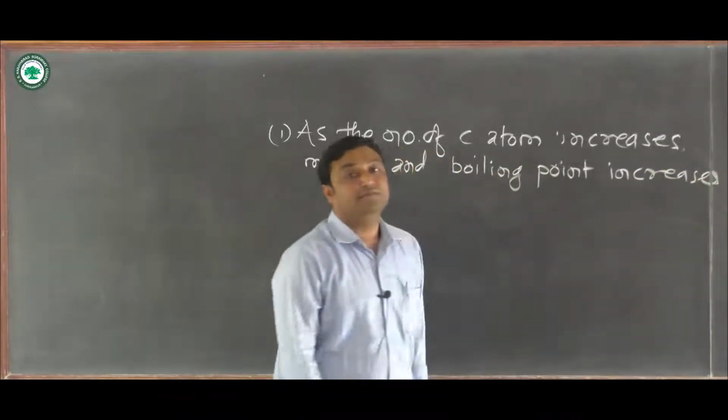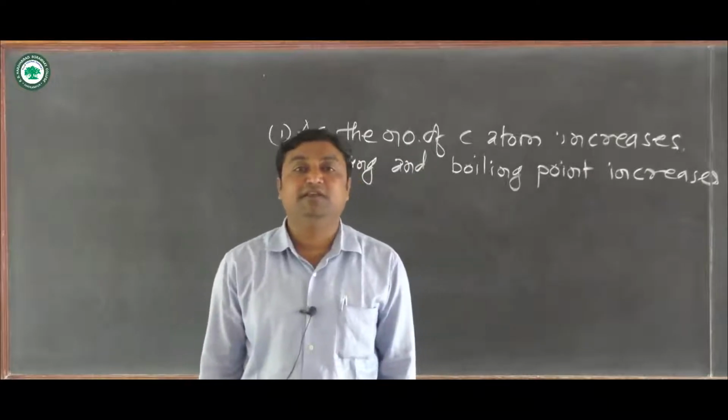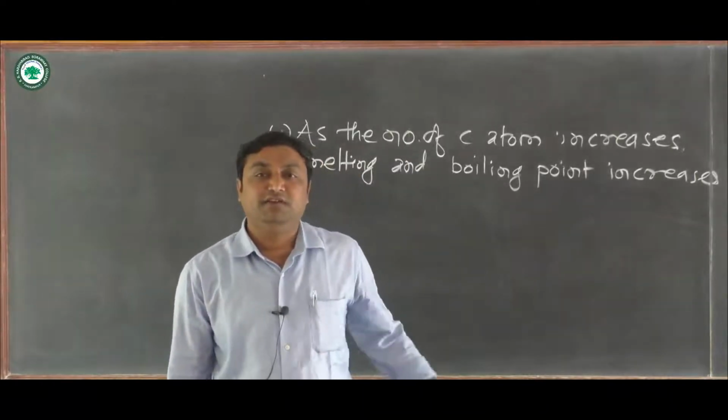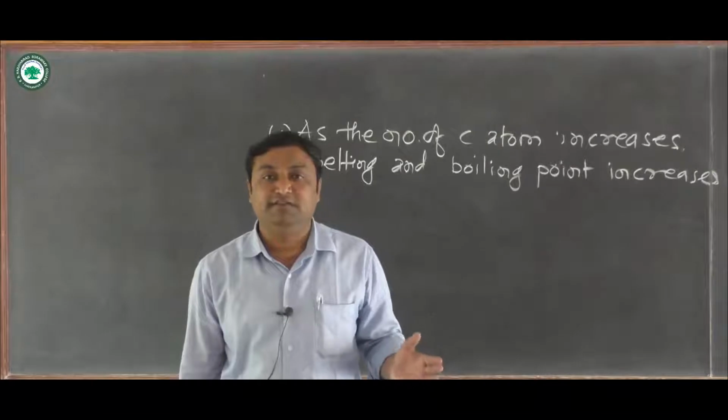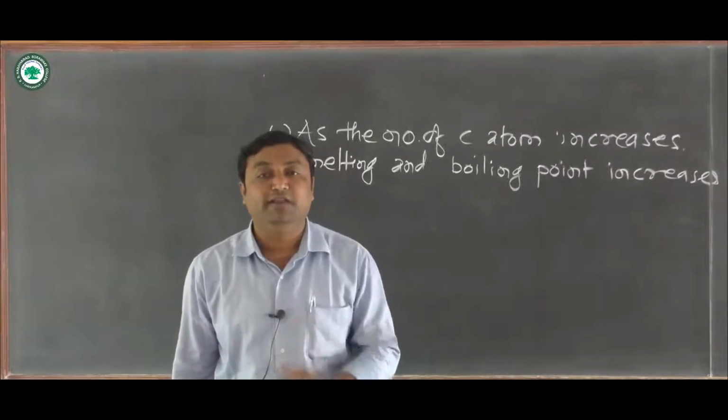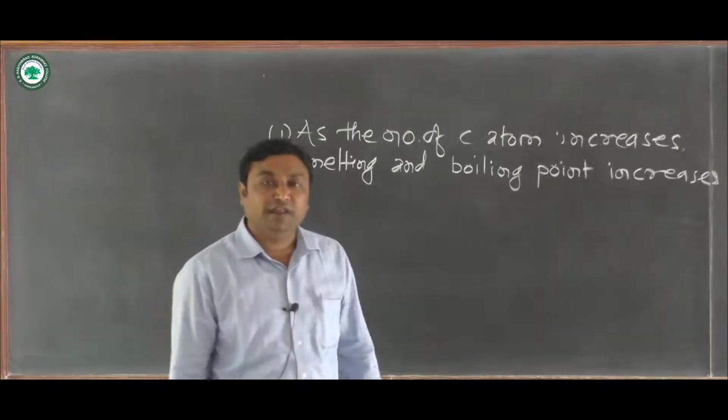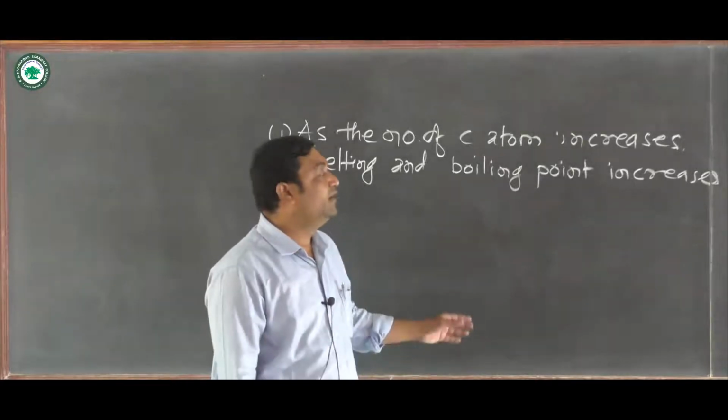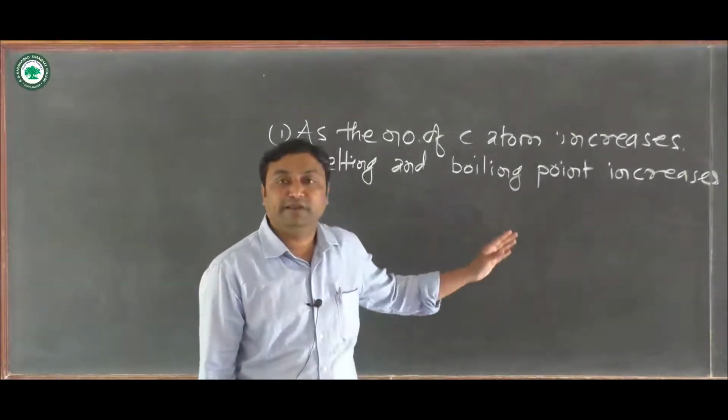We also know that when the number of carbon atoms increases, obviously its molecular weight increases. As the molecular weight of alcohol increases, obviously its boiling or melting point also increases.